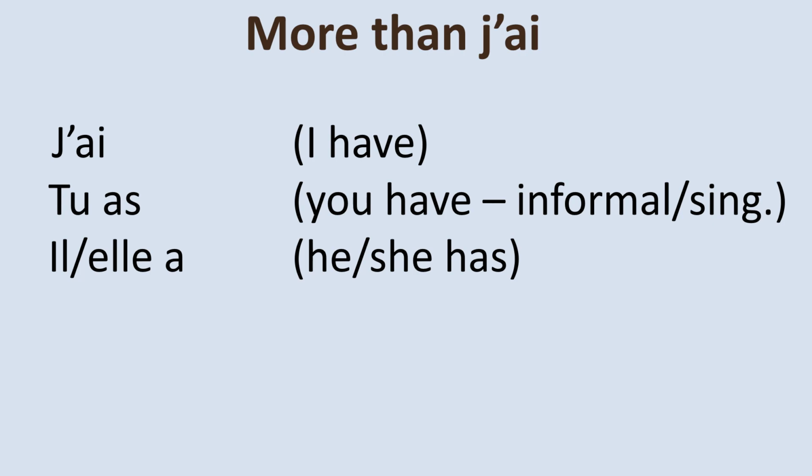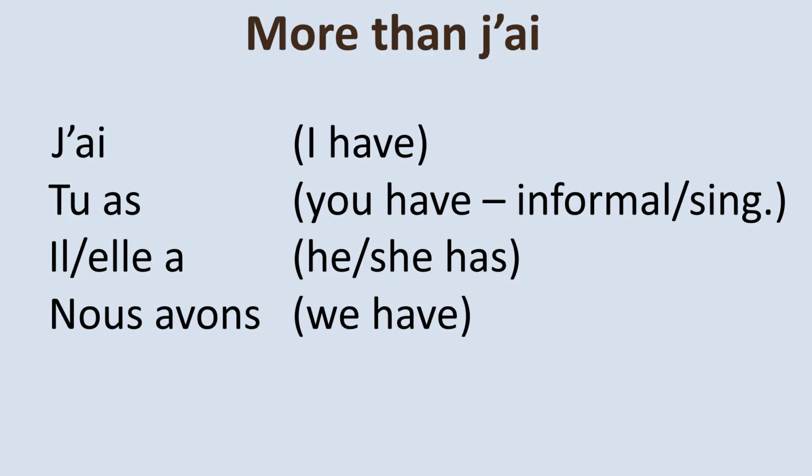And then we're going to put all this in the plural, so the I with somebody else is going to be nous. Nous avons. Have you noticed that I link the S and the A into a Z sound? It's called a liaison. Nous avons.